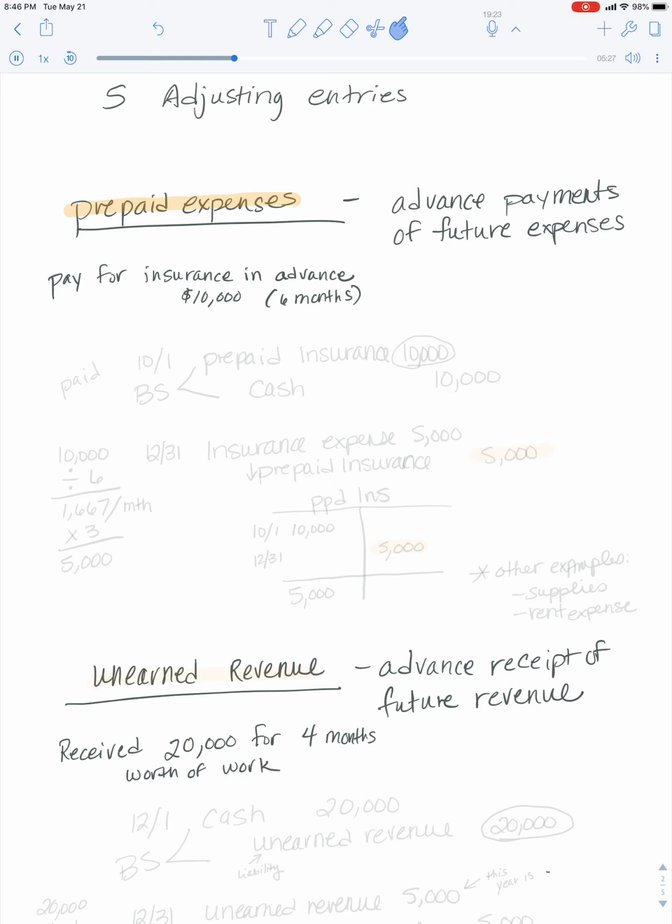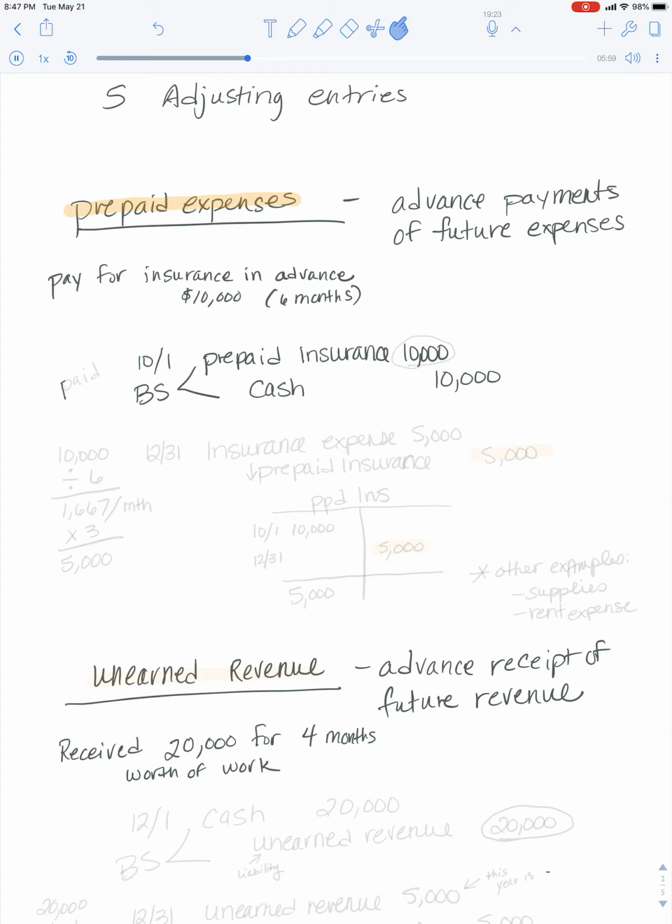So what we do is we pay for the premium, so that's a credit to cash, and we're going to put it in an account called prepaid insurance, or a debit. Now, prepaid insurance and cash are both assets, and they're going to end up on the balance sheet. So nothing on the date that it's paid ends up on the income statement because we haven't incurred anything yet.